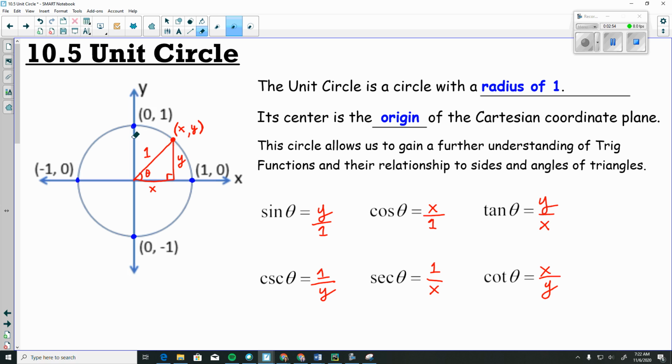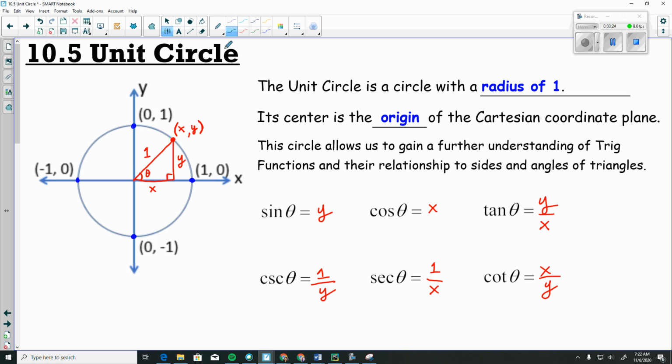The really cool thing about the unit circle is that when we create a triangle inside of it, notice that I really don't need this 1 underneath my output here. If I just have a y, that's the same thing as y over 1. So I can get rid of both of these 1's in the denominator, and now I can see that if I wanted to find sine of this angle, that's just y.